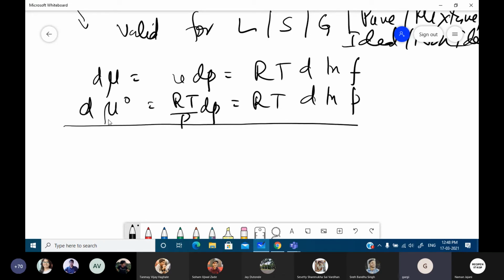Mu is a property of every phase, but it has relevance whenever it is interacting with some other phase. Otherwise, there is no point of mu, right? And whenever such a situation is there, under that condition, you can write down this particular equation.